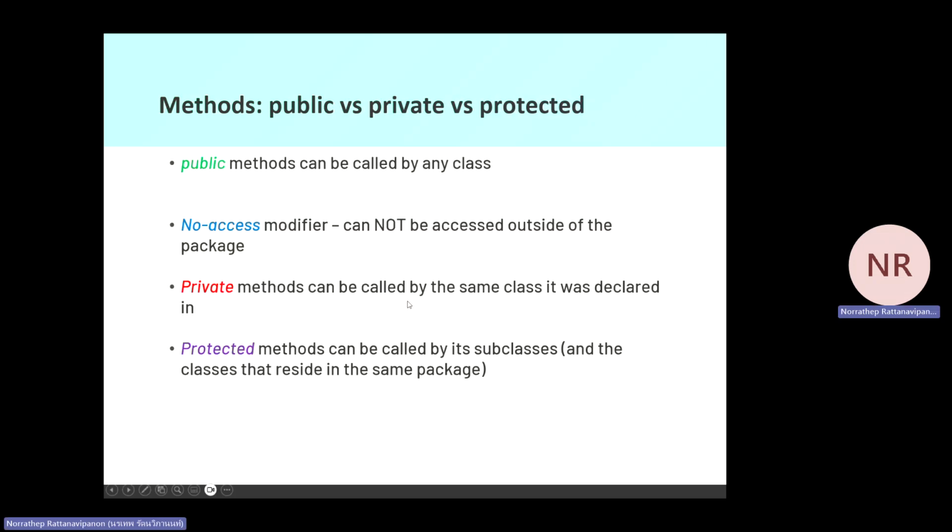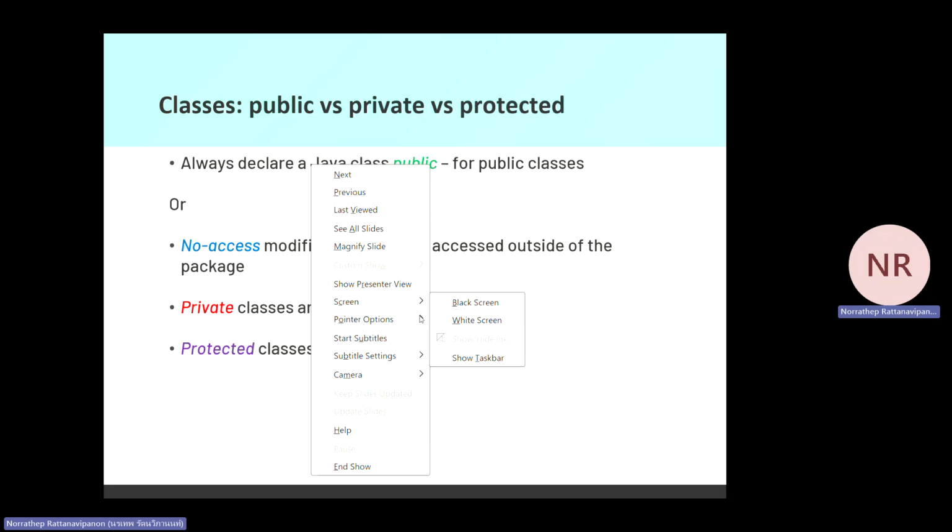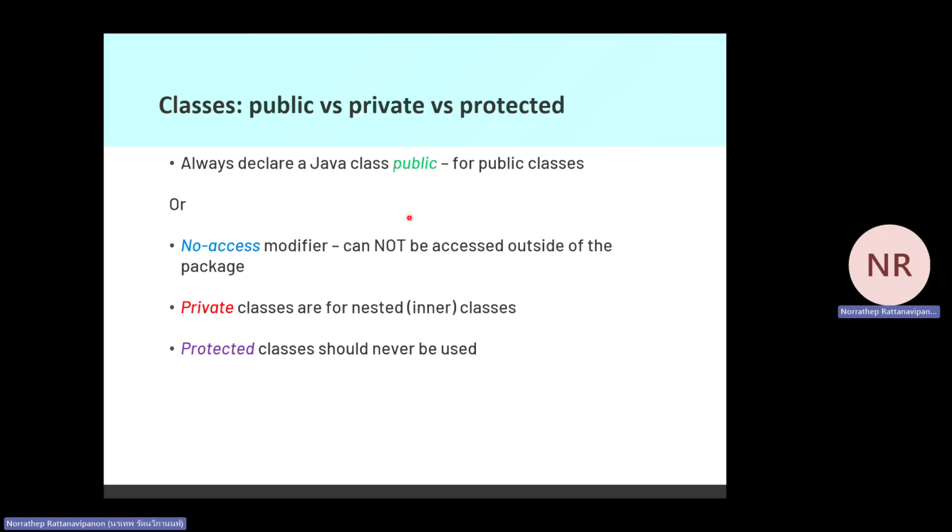For classes it is also the same, but I'll leave that as an exercise for you to do. Typically, you will see that most of the time you should declare the class to be public, because when you create a class, you want that class to be accessed by anyone, including code that is not in the same package.